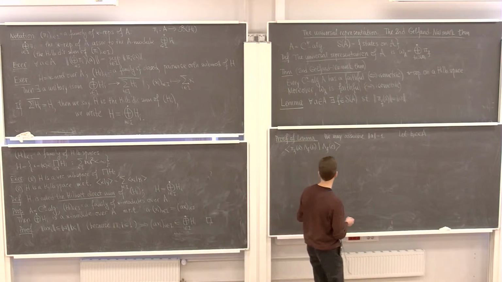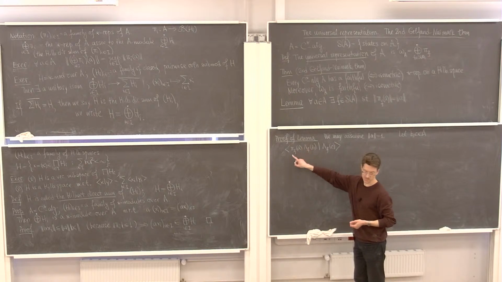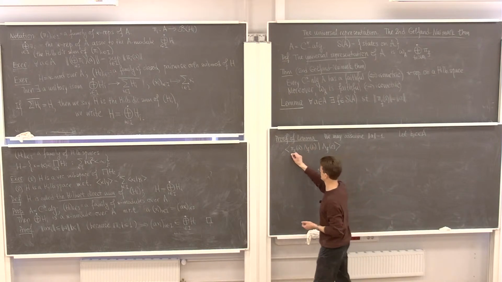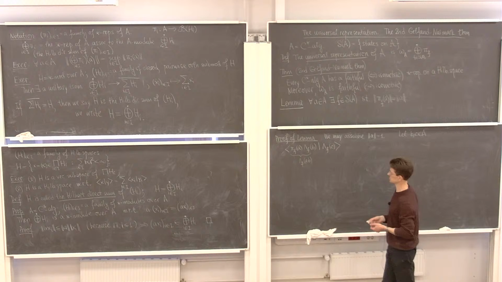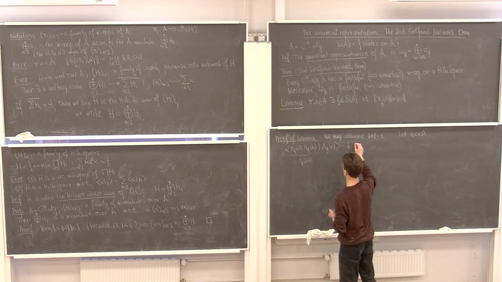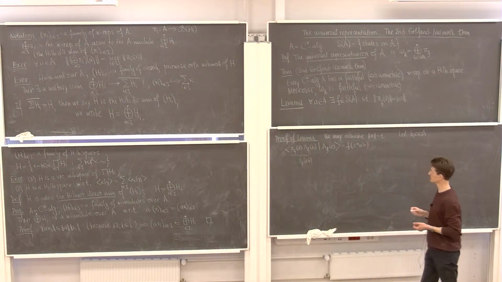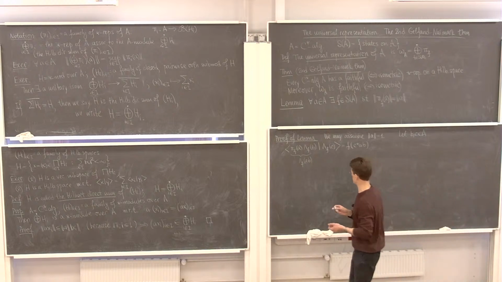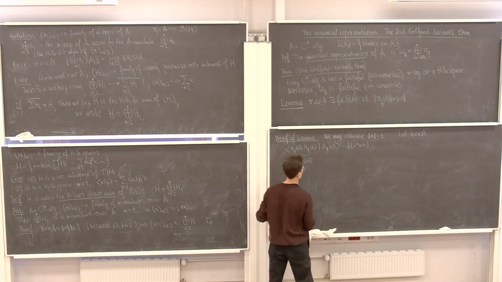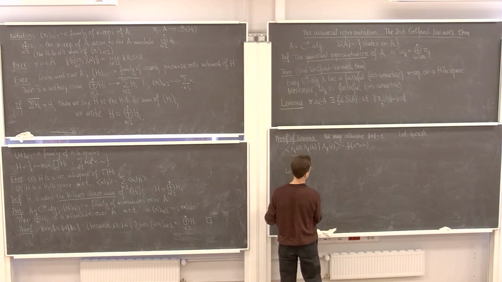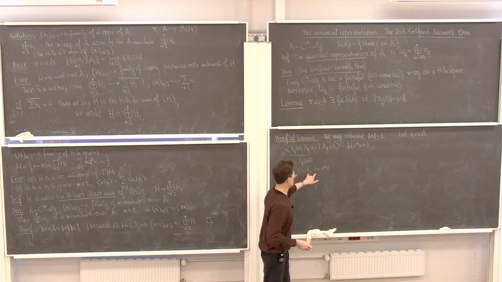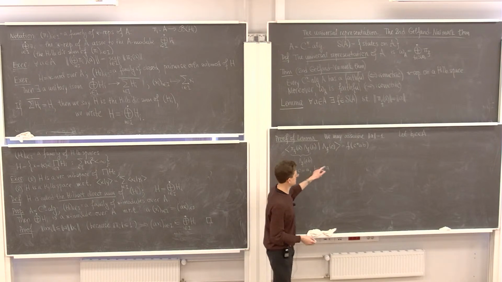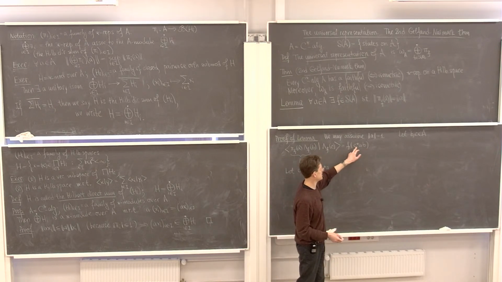But what can we say about this expression? We recall that this is just lambda of ab. And so just by the definition of the inner product, this is f applied to c star a b. Now let's choose concrete elements b and c. We let c equal a, and b is a star a. So in this case, c star a b is a star a, a star a.